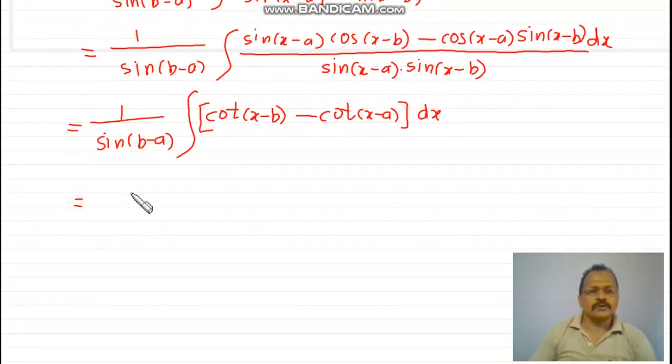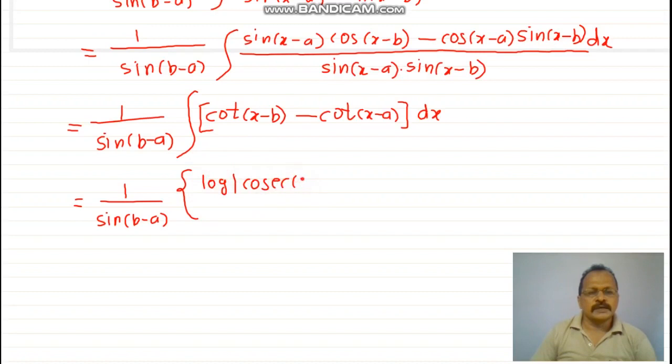This is equal to 1 upon sin(b minus a) into integration of cot x, which is log mod cosec x minus cot x.